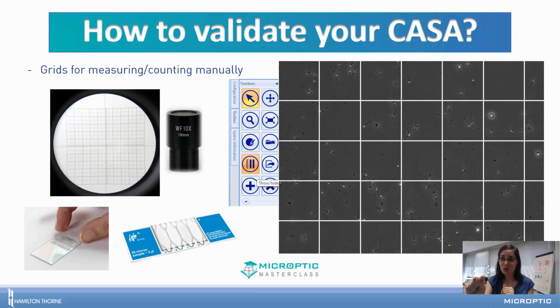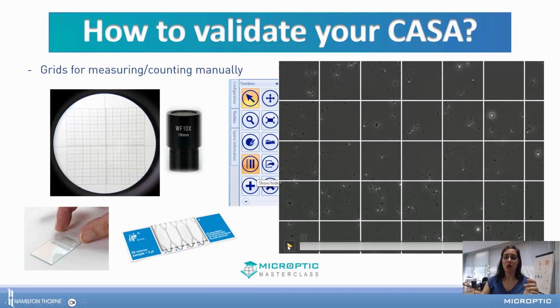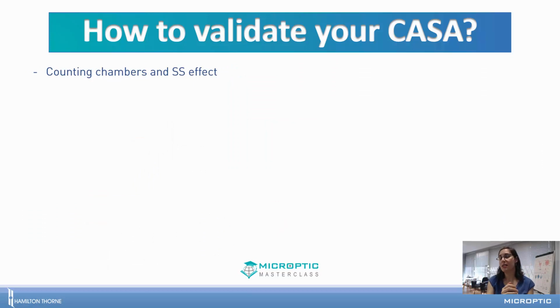Hence, you can count how many cells there are inside that grid, or also you can play what is happening during 1 second and count how many progressive and non-progressive cells there are, okay, to get a real and accurate comparison between what is happening in your counting chamber in the field that you are observing, using the same aliquot, same disposable, same field, same time lapse. Okay, so here the comparisons are very robust and comparable.